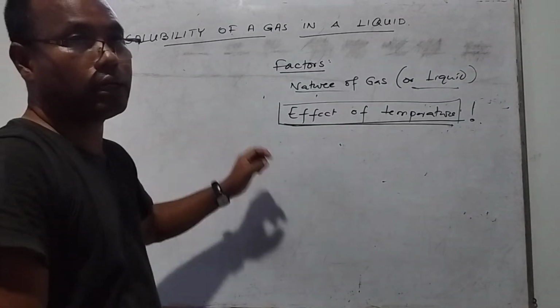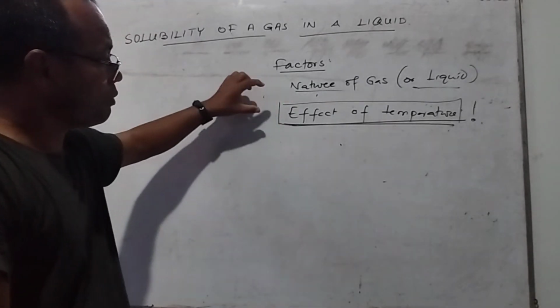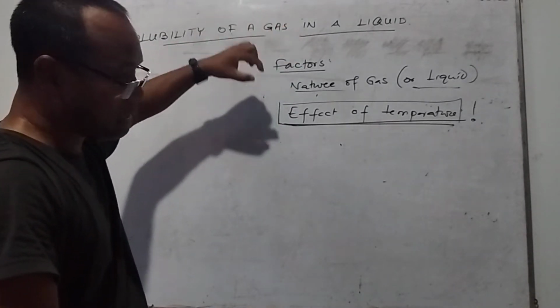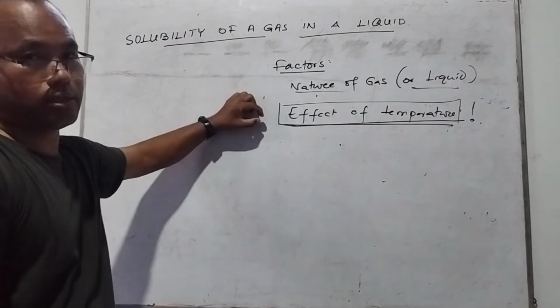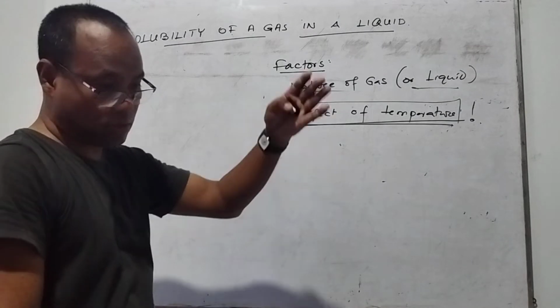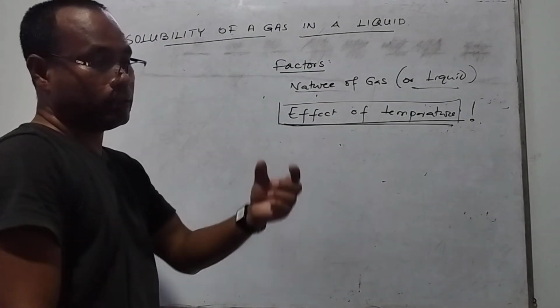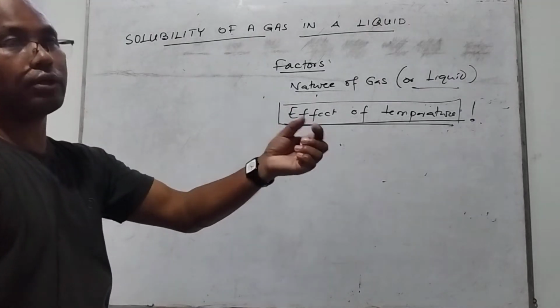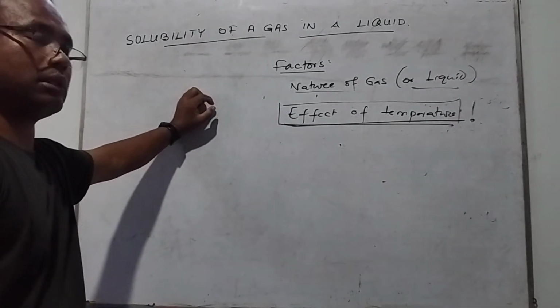Let me say again, the solubility of a gas in a liquid increases with decrease in temperature. When the temperature falls, the gas can dissolve more easily than in the hotter region.